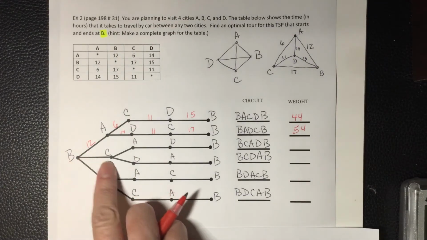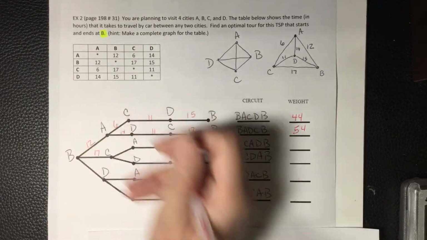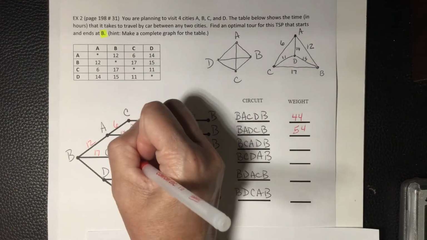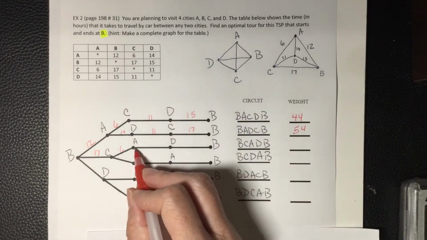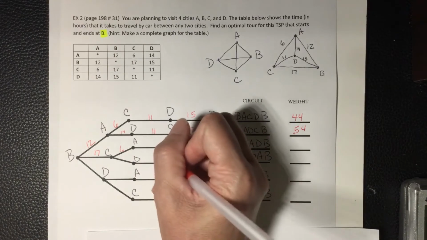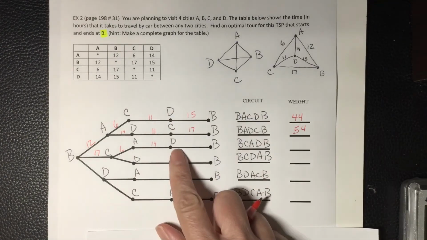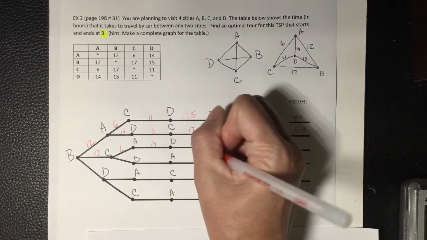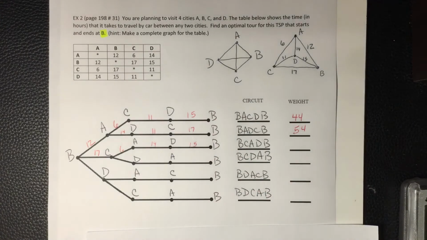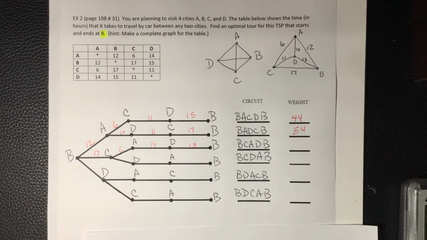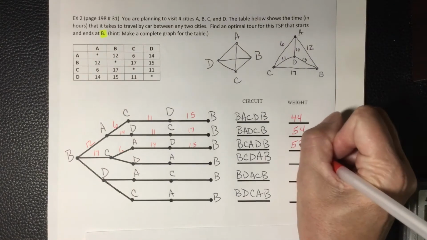All right, so B to C is 17. C to A is 6. A to D is 14, and D to B is 15. So I add 17, 6, 14, and 15, and I get 52.